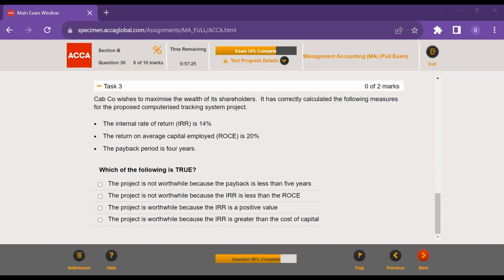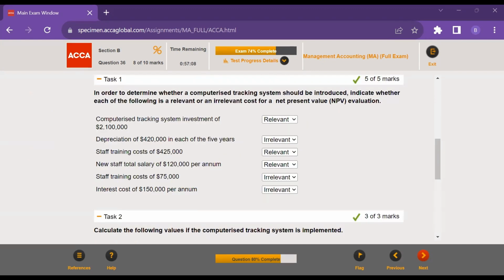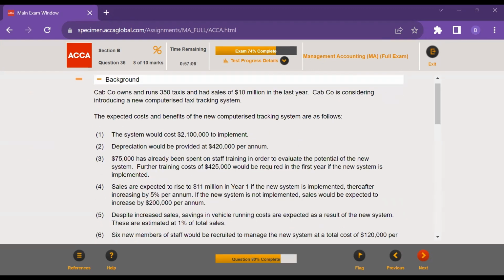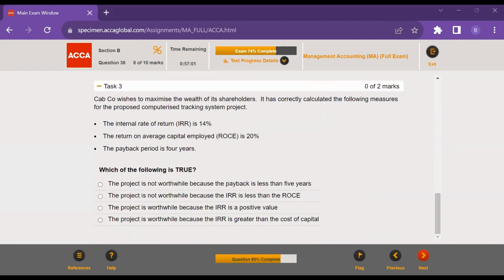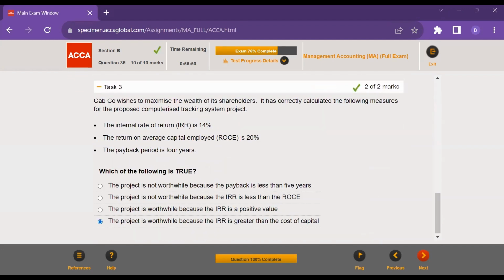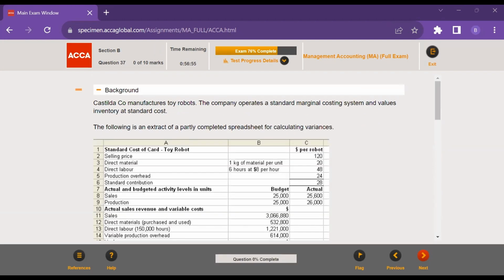So we will say that the project is definitely worthwhile because the project is basically worthwhile because the IRR you're earning, which is 14%, is actually greater than your cost of capital, which is 10%. So that is what you will say over here, that the project is worthwhile because IRR is greater than the cost of your capital. Moving on.